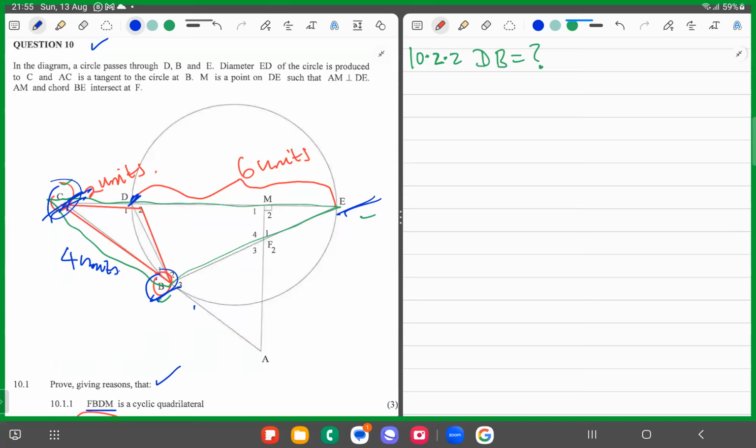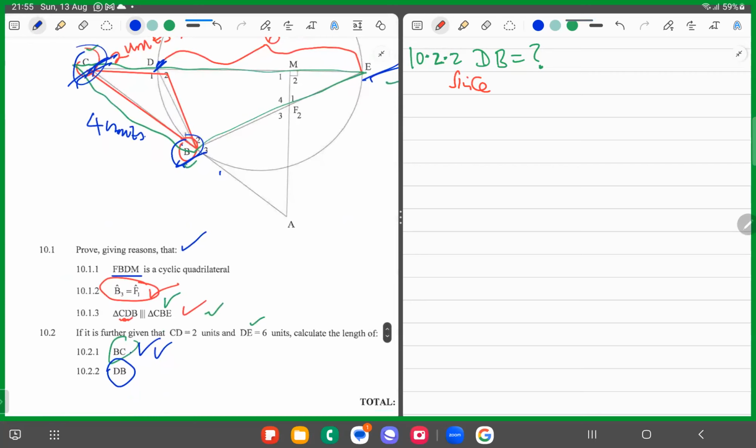So we note from the similar triangles like we saw, that triangle CDB is similar to triangle CBE.